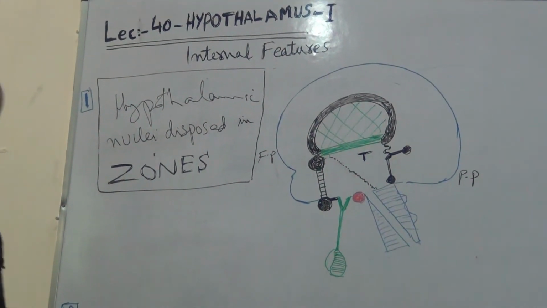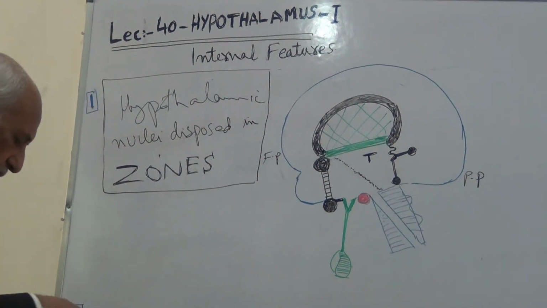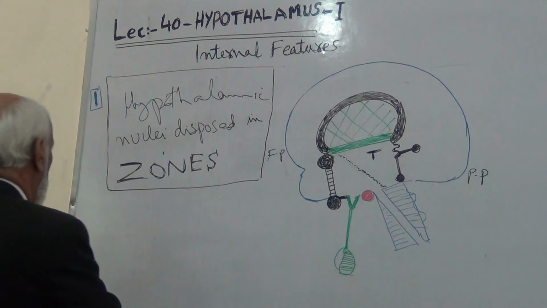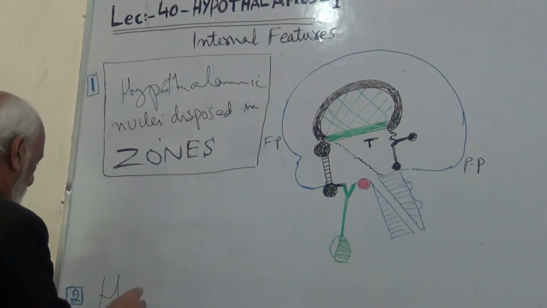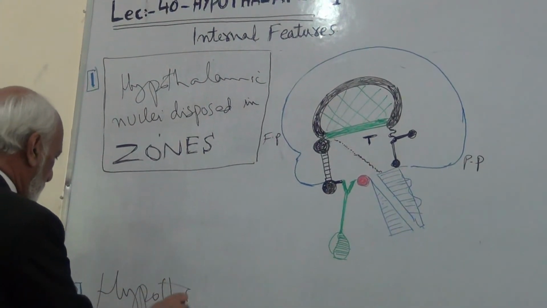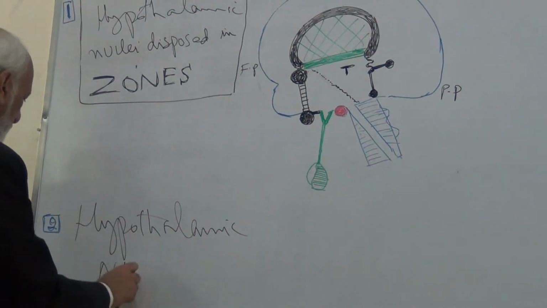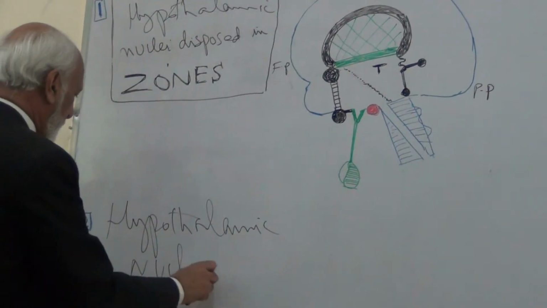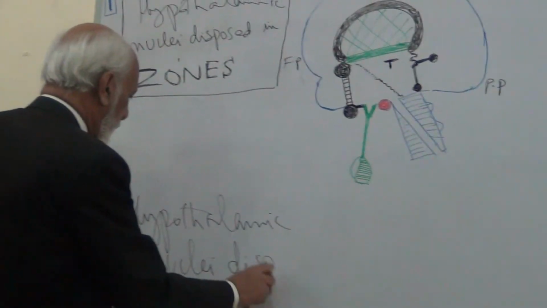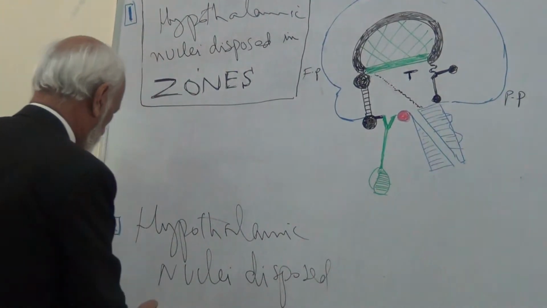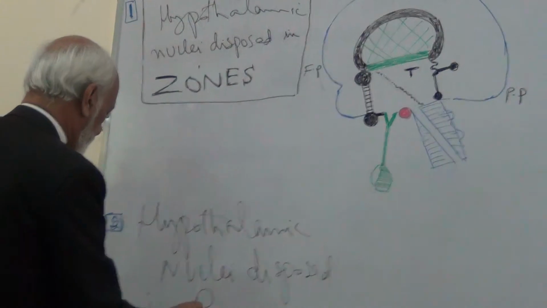The other method which I have adopted is the hypothalamic nuclei disposed in rows.